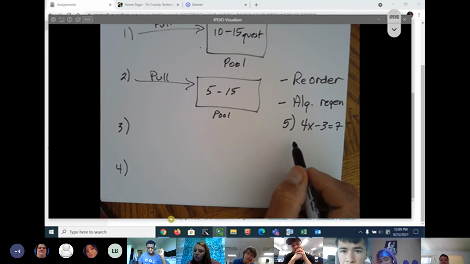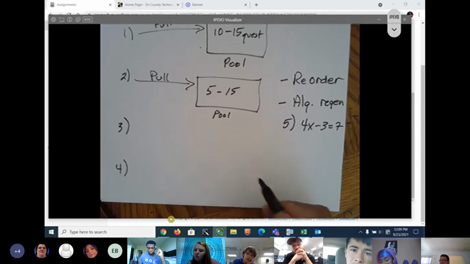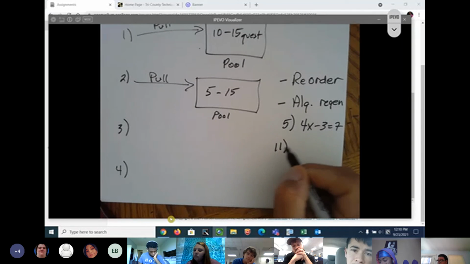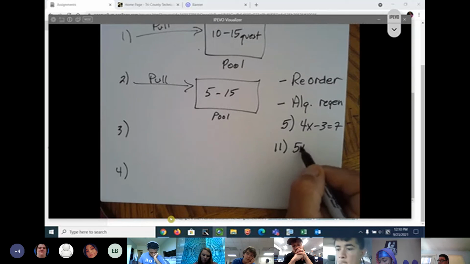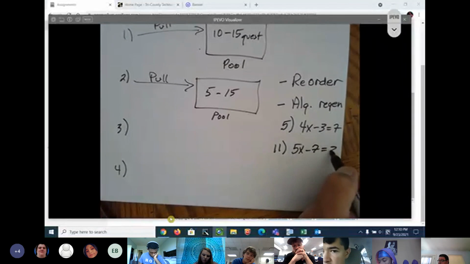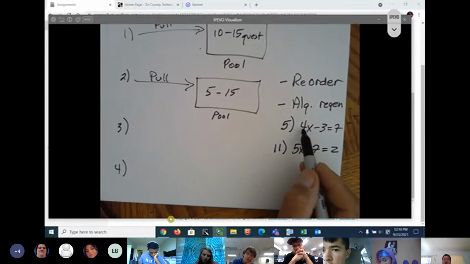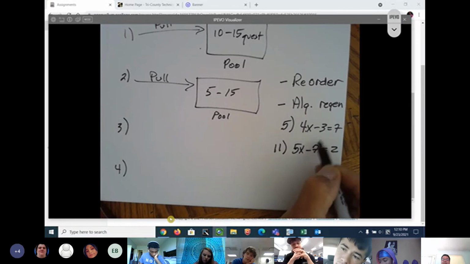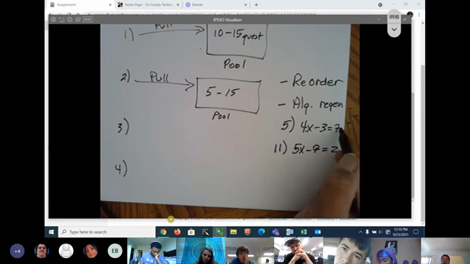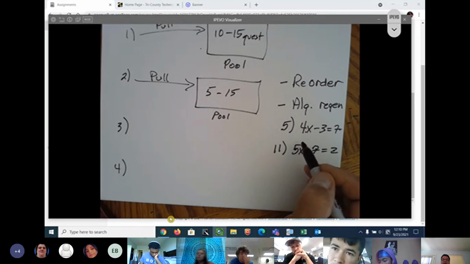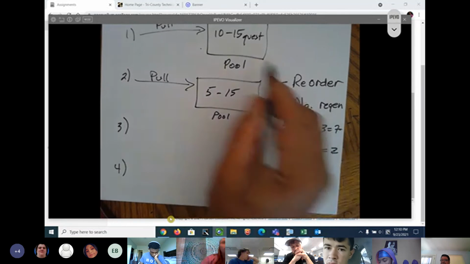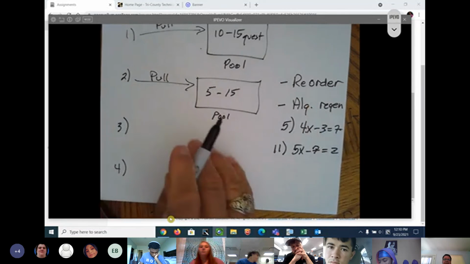On somebody else's test, if you're sitting side by side, number 11 may pull this same question, but it may do maybe 5x minus 7 is equal to 2. In other words, the 4 is replaced with a 5, the 3 is replaced with a 7, and the 7 is replaced with a 2. That's algorithmically regenerated.